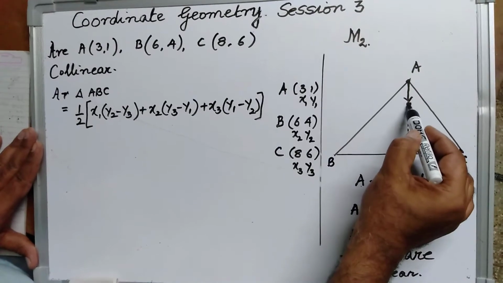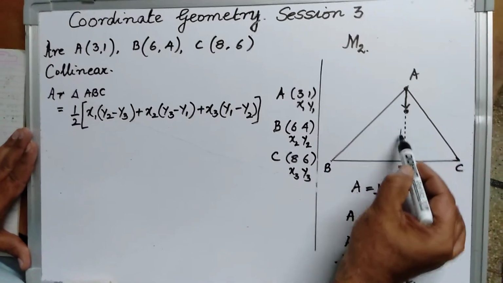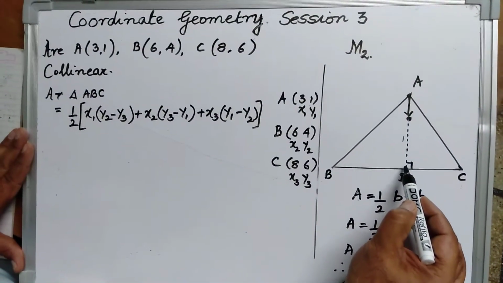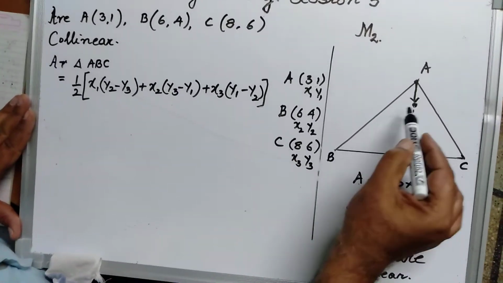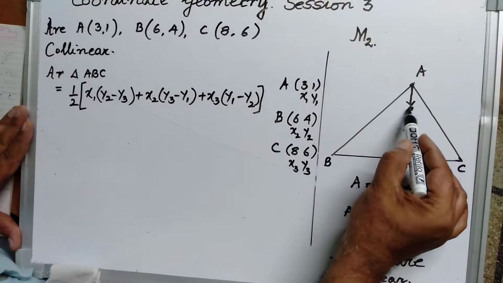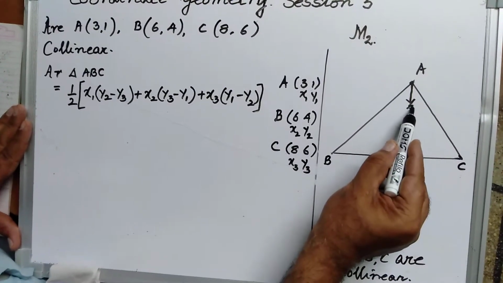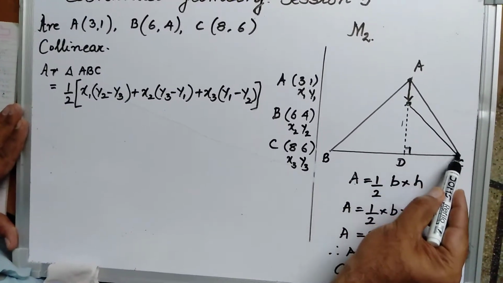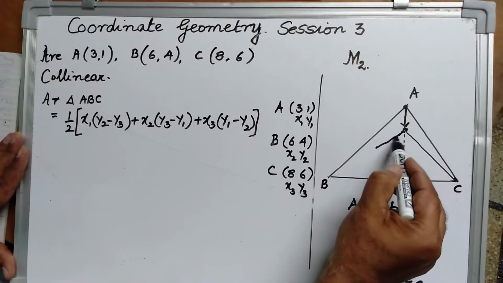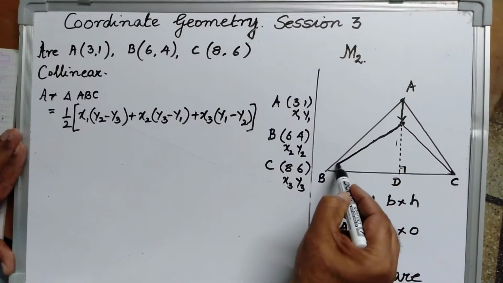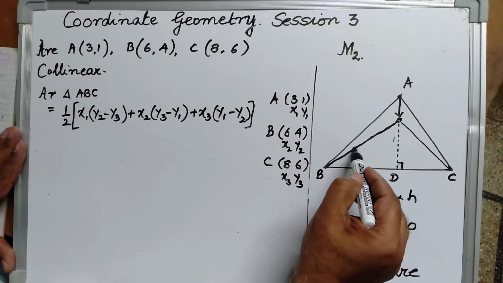When point A comes here, the height of the triangle reduces, the base remains the same. Therefore, the area of the triangle formed by the 3 vertices will be less than the area which we found in the previous case.